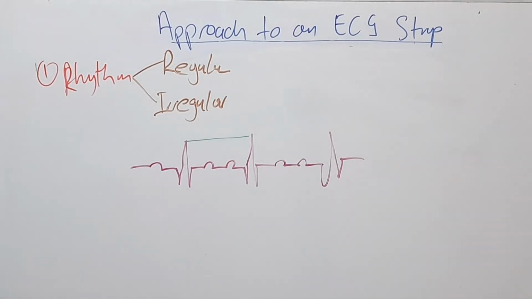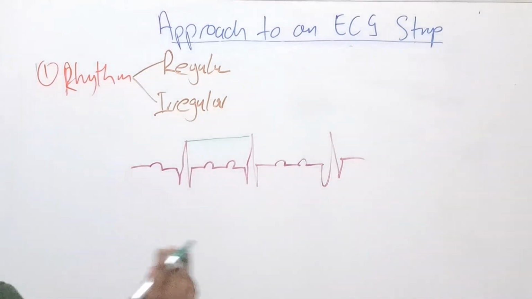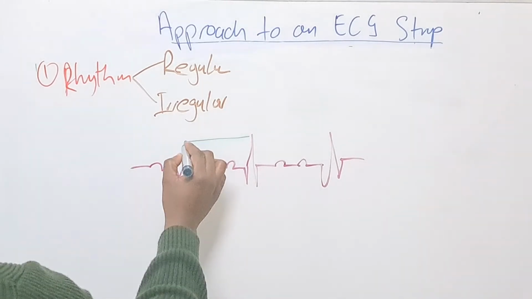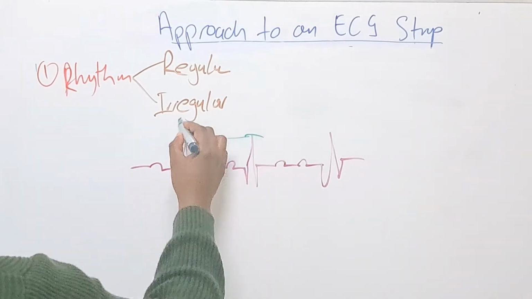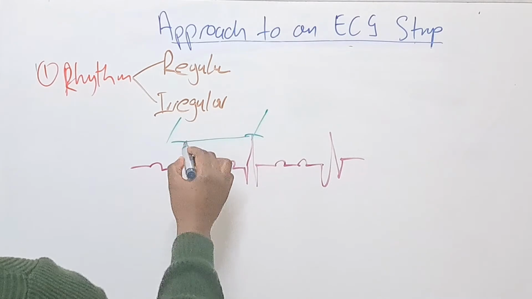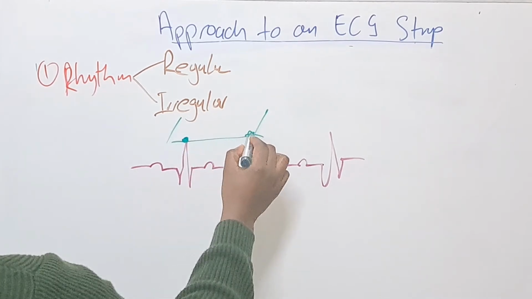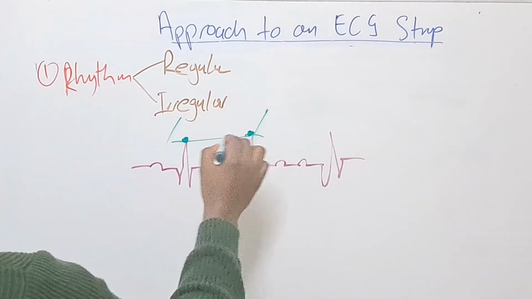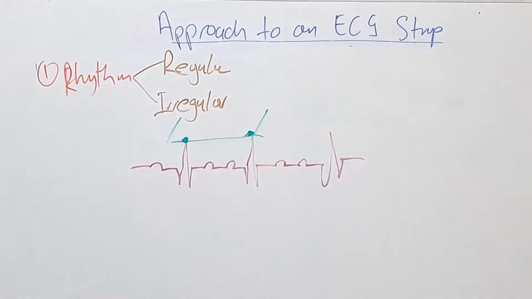We don't always carry rulers with us. So what I suggested is that you do what I always do. I just take a small piece of paper and put it across like that. Then I make markings next to the RR interval.